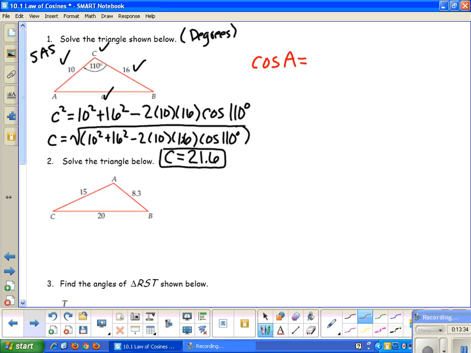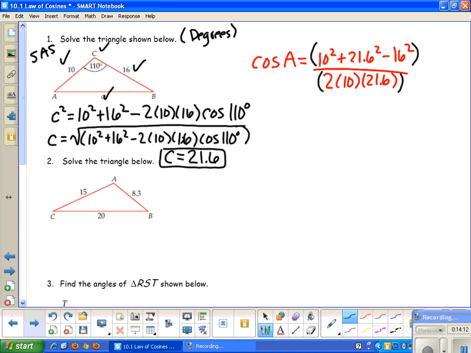So 10 squared plus my C squared, which we just found was 21.6, minus the side of the angle we're trying to find, so 16 squared, over 2 times 10 times 21.6. So for this problem, be careful in your calculator, if you do this all together, to make sure the numerator is in parentheses and put all of this in parentheses when you divide it.